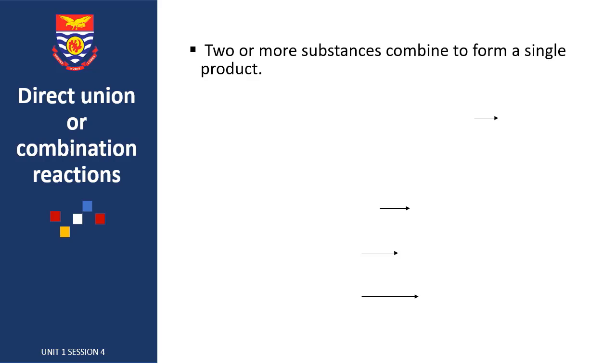At the left side, it could be 2, 3, or more, but they will all have to come together to give us the product. An example is a hypothetical equation where A is reacting with B, but that is not going to give us C plus D, it is giving us AB.